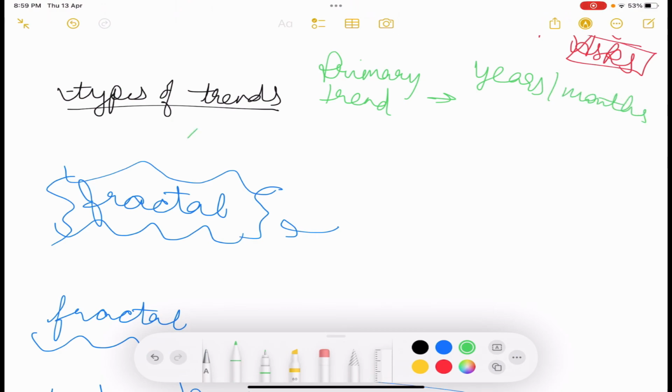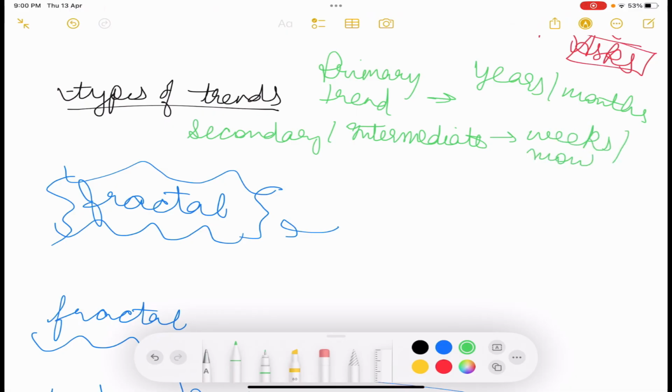Alright. After that I have my secondary or intermediate trend. So what is my secondary or intermediate trend? Think about it for a second. So my secondary or intermediate trend is measured in weeks or months.